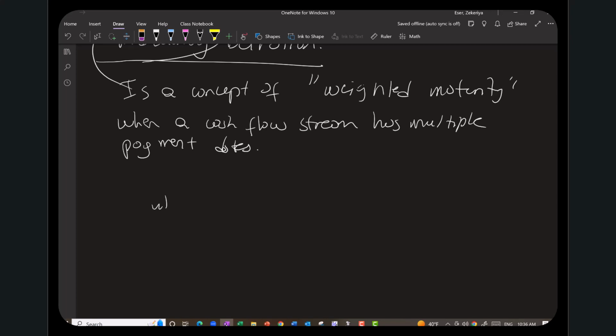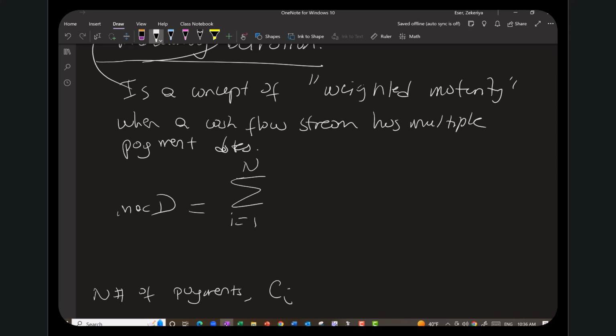I'm just going to call it MACD, all right? MACD is the sum from i equals 1 to n. Here n is the number of payments. Ci is the ith payment. Dollar PVi is the PV of that.